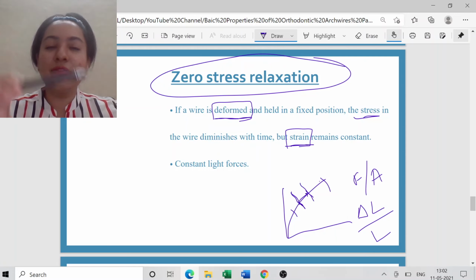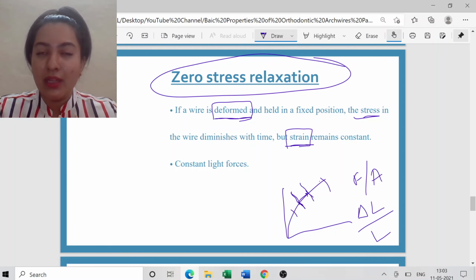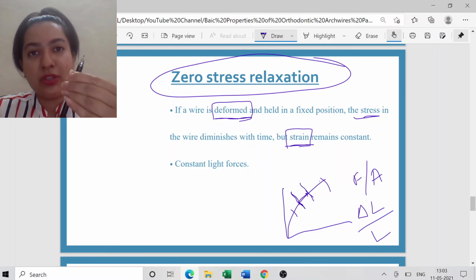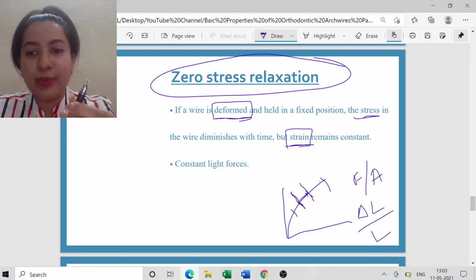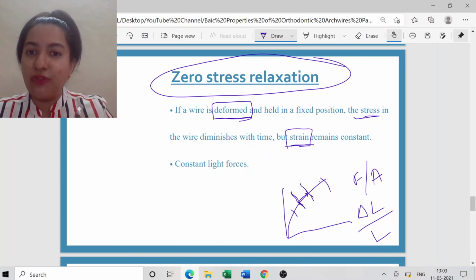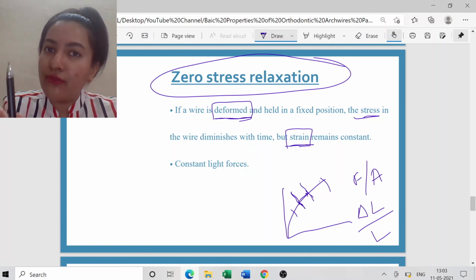Now imagine this is my wire. I deform the wire completely and I am holding it in the same position. The stress in the wire diminishes, because there is no force acting per unit area. I have already deformed it and I am holding it in a fixed position, so there is no force.